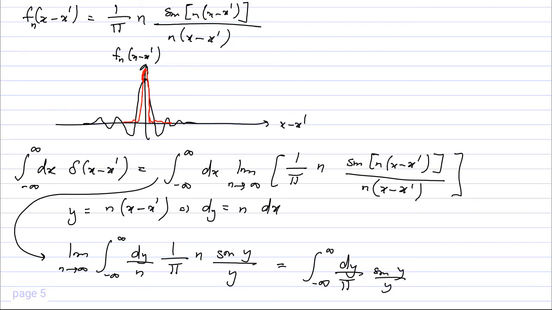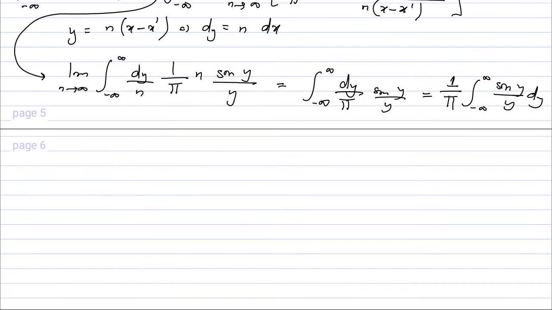This integral we've already done when we did contour integration in complex analysis. You have 1 over pi times the integral of sine y over y dy, which is simply pi, so you have 1 over pi times pi, which of course is just equal to 1.